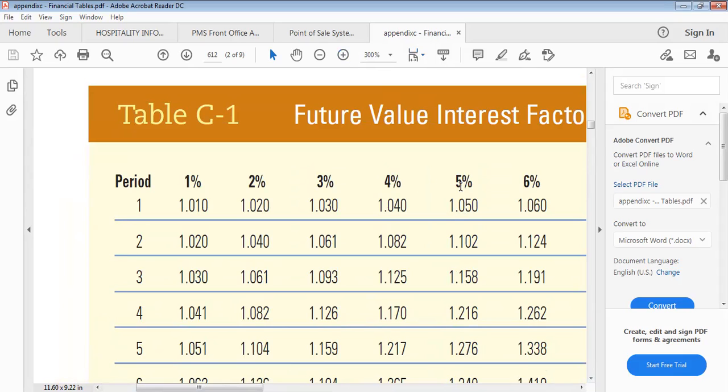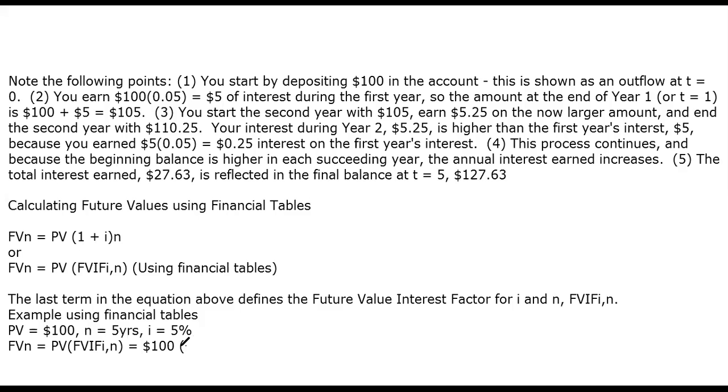This is I, and this is N. So your figure will be 1.276. Good. Let's go back to the other screen. So you're going to place that figure right there.